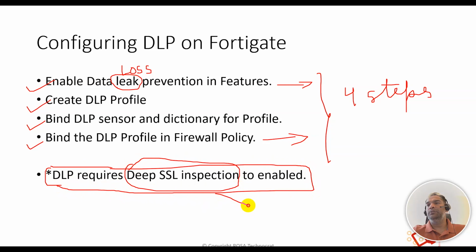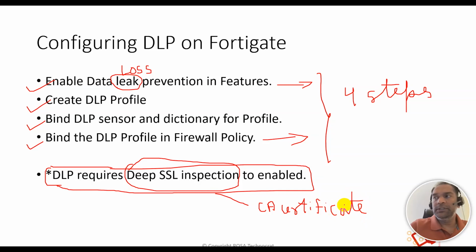So you should have a CA certificate which is trusted by all your clients accessing the network. Make sure you are using deep SSL inspection because it needs to proxy all the files, break all the connections, and do a deep SSL inspection on the data to go through the content in the files, depending on the pattern that you want to block.